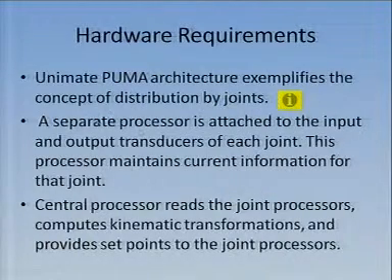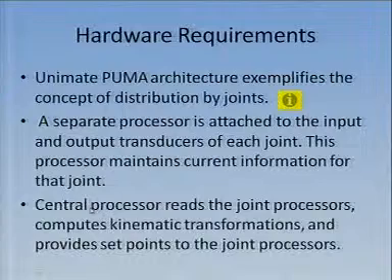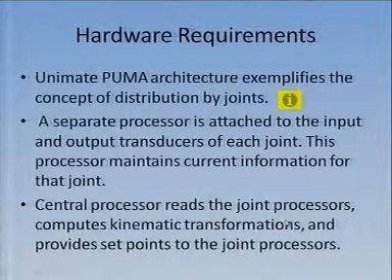So, a separate processor is attached to the input and output transducer of each joint. This processor maintains current information of that joint. The central processor, that LSI 11, reads the joint processors, computes the kinematic transformations, and provides the set point to the joint processor.